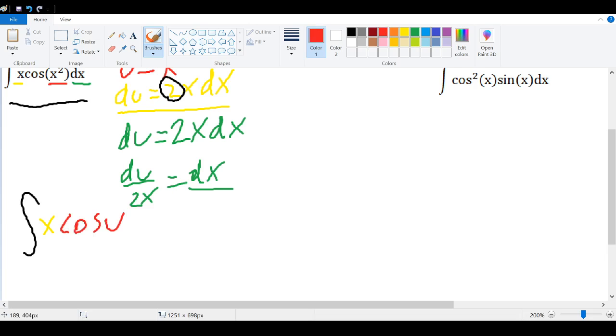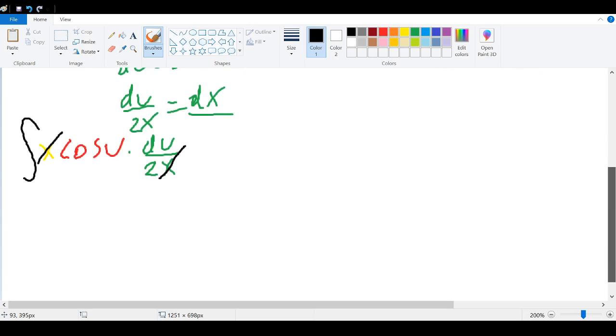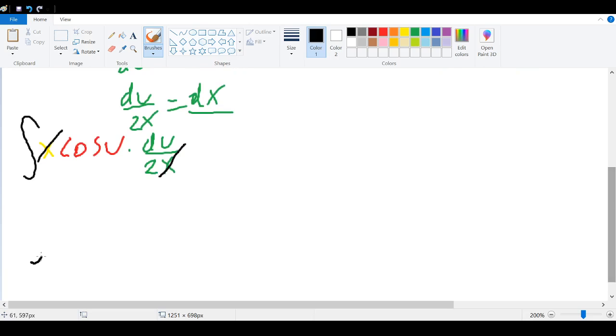But now we're replacing our dx with du over 2x. And as you'll see, the x's will cancel. So this x will cancel with this x, and we're left with an integral of only u. So this becomes the integral of just cosine u du over 2.